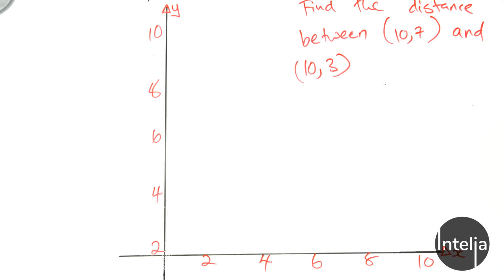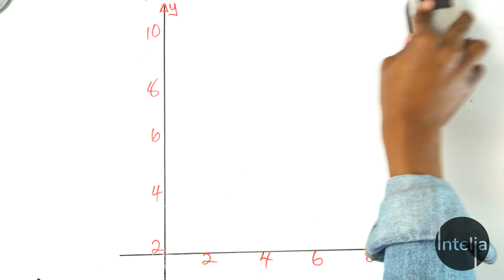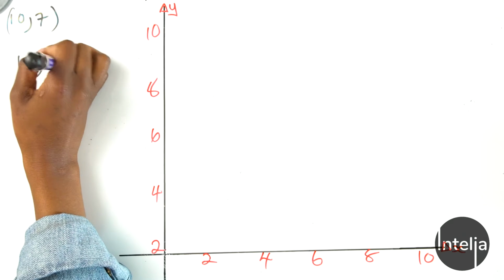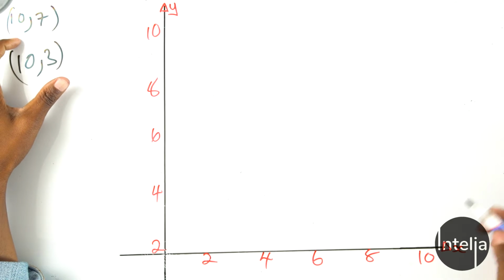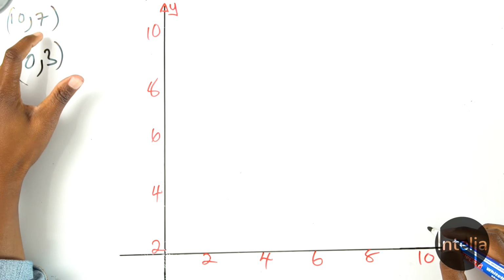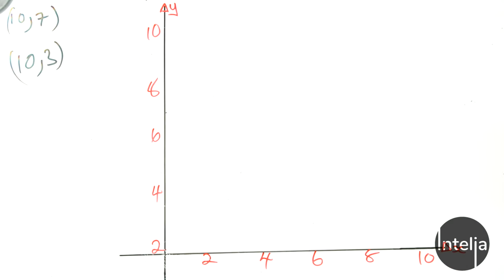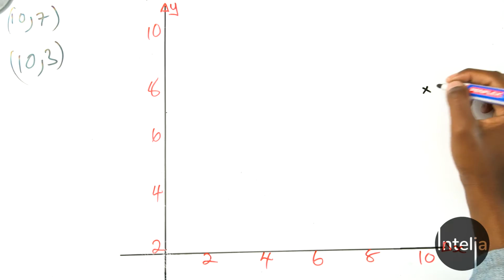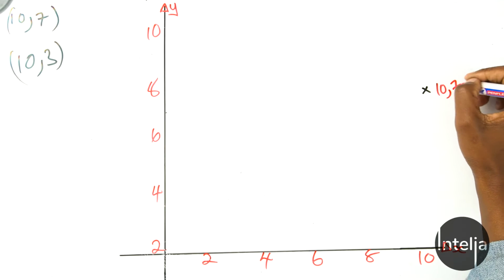So let's first illustrate on the graph here. Let me write here, (10, 7) and (10, 3). So 10, remember, is the x-axis, so 10 from x and 7 from y. 10 and 7 is in the middle of x here, between 6 and 8. So it's here. That's (10, 7).